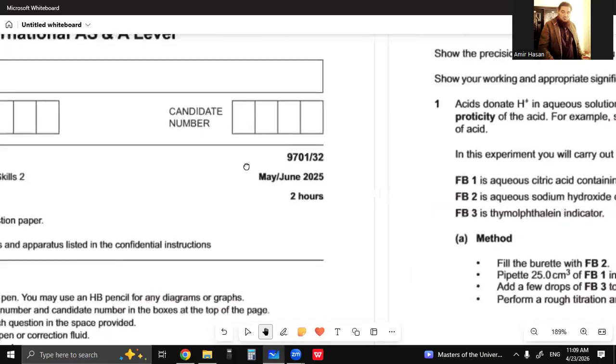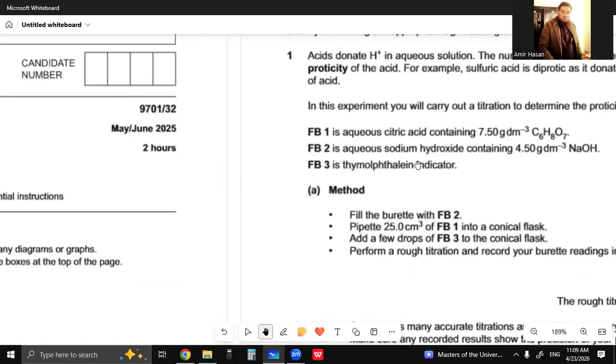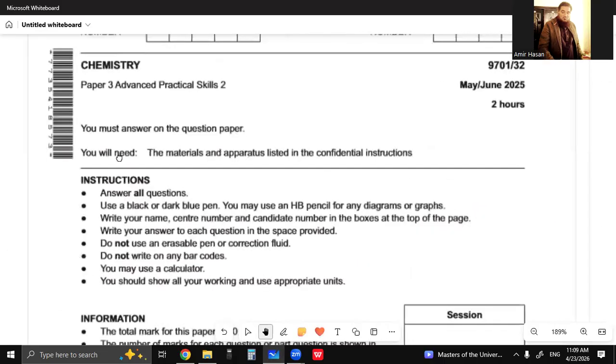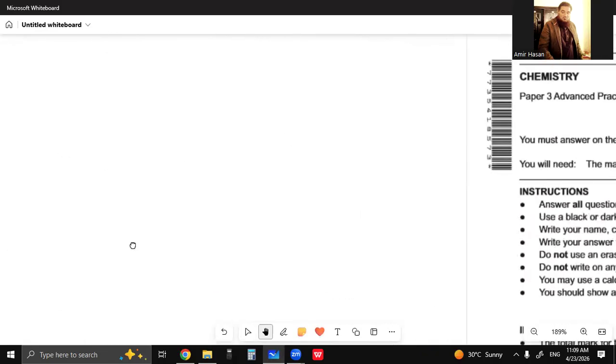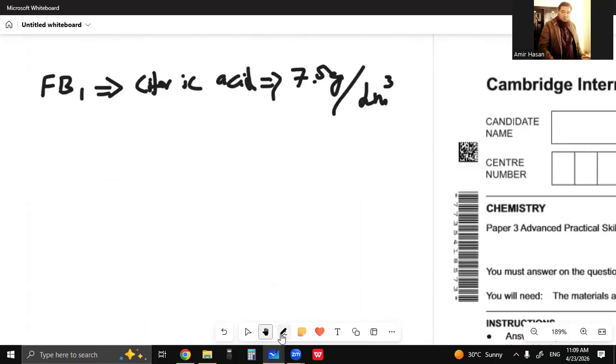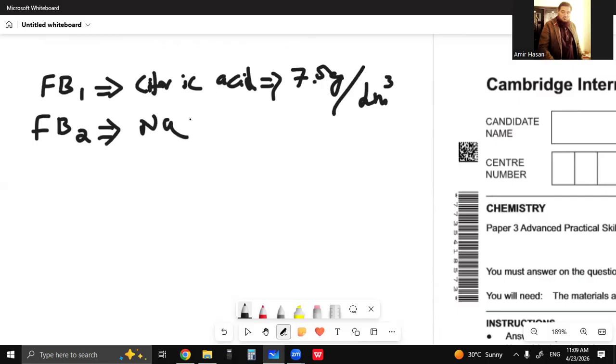Secondly, the compound is FB2, aqueous sodium hydroxide. The concentration of the aqueous sodium hydroxide is also given. You must note down which compound is FB1. If you know about the compound, then you can solve every question easily. FB2 is sodium hydroxide, and its concentration is given.